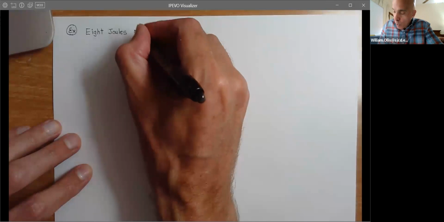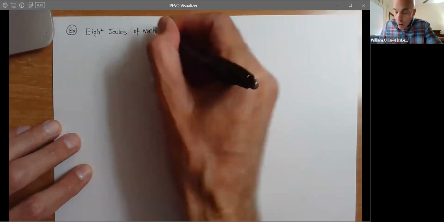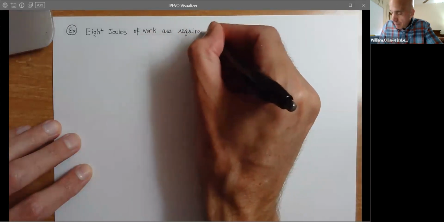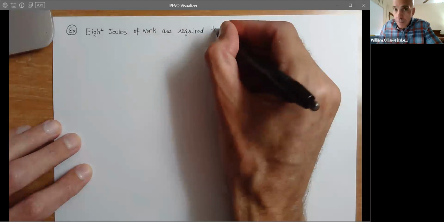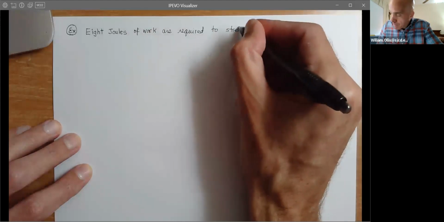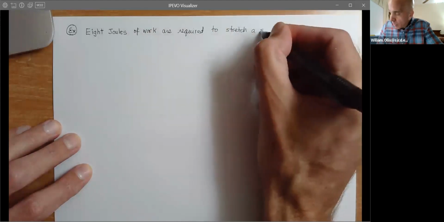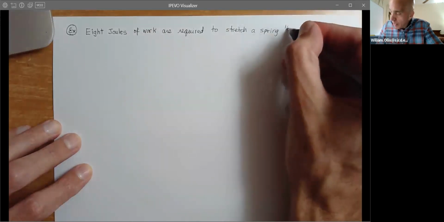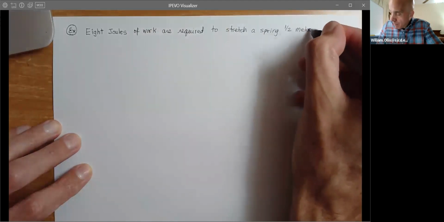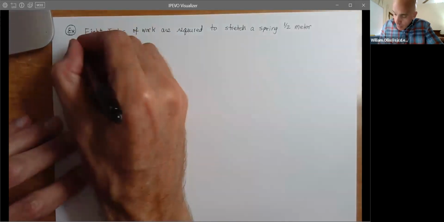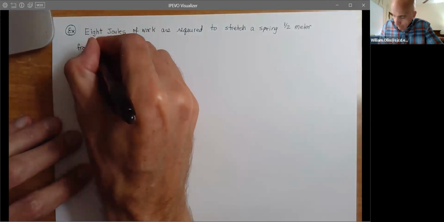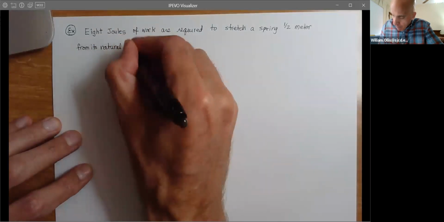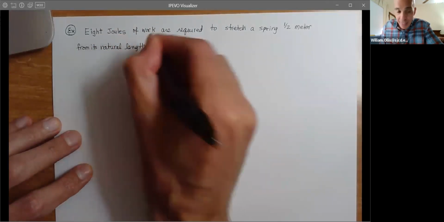8 joules of work are required to stretch a spring 1/2 meter from its natural length.